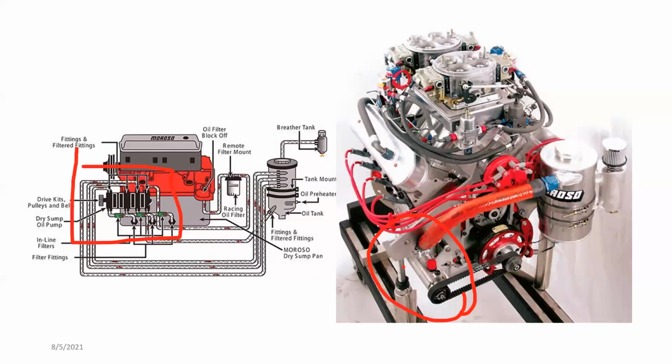But if you can see, there's more than one line, and one feed line goes back to the tank itself. The reason is, as you can see over here, lubricant is not absorbed from one location. It's absorbed from a few locations with a few pumps.